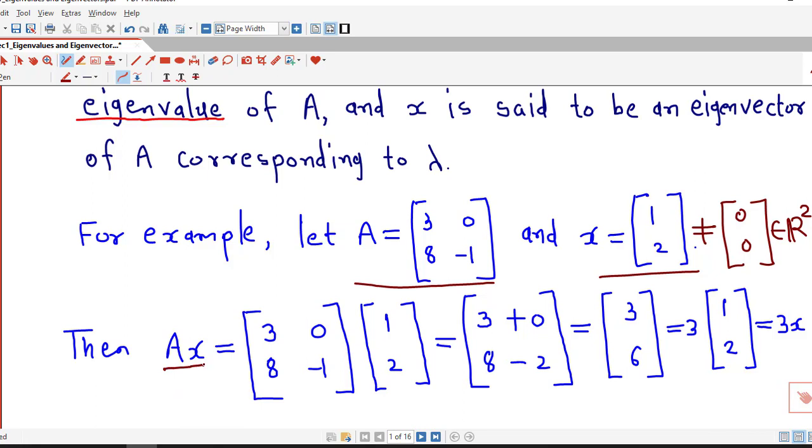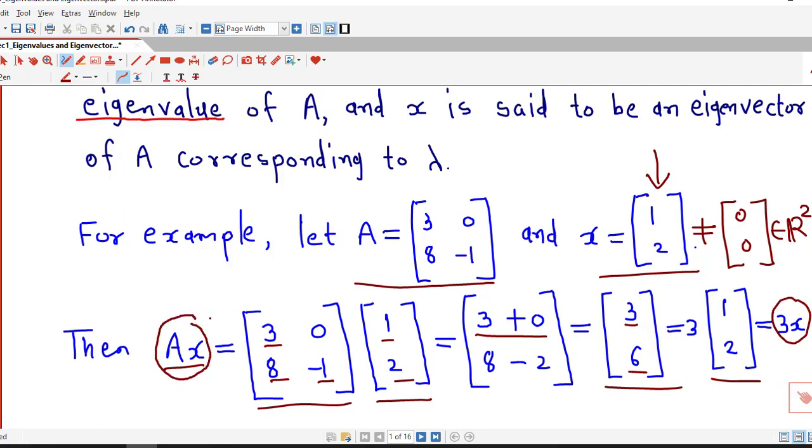If we consider multiplication of this matrix with this non-zero vector x, then we can see 3 into 1 plus 0, that is first row, and 8 into 1 which is 8, minus 2. So we obtain 3, 6, and here we can take 3 outside, so it is 3 into 1, 2. So we obtain our x here. So A into x can be written as 3 into x.